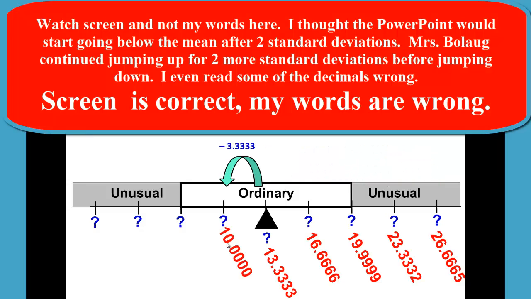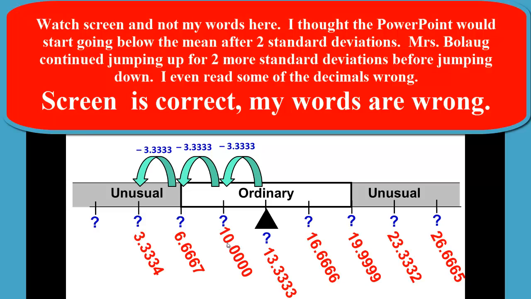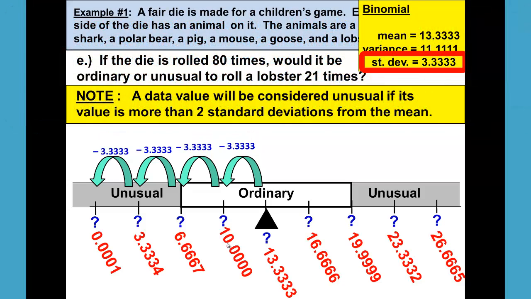She also goes to the left by subtracting 3.3333 and gets 10, subtracting another 3.3333 and gets 6.6667, and another subtraction of our standard deviation to get 3.3334, and another one to get 0.0001. And that becomes our raw data.